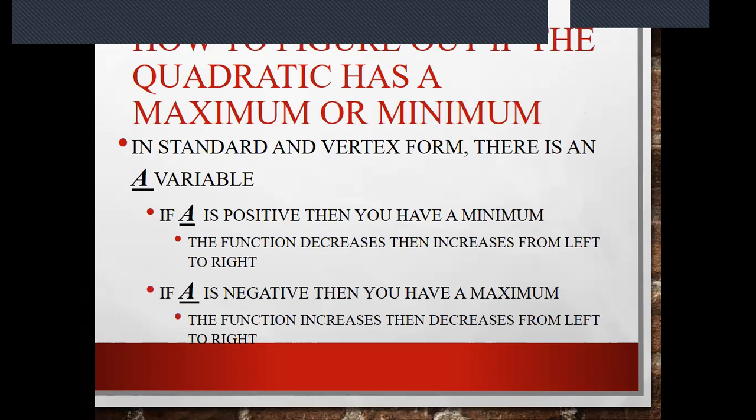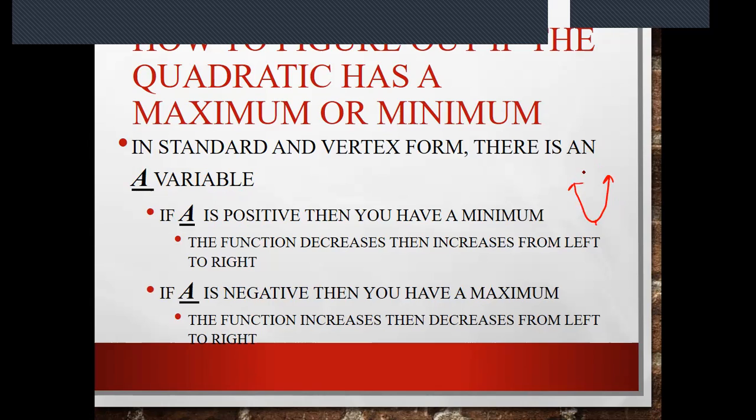Okay, so how to figure out if the quadratic has a maximum or a minimum. If you remember from the very beginning, we talked about the a variable, your leading coefficient. If you are paying attention to your leading coefficient, your a variable, if it's positive, then you have a minimum. That's because your function is decreasing, then it increases.